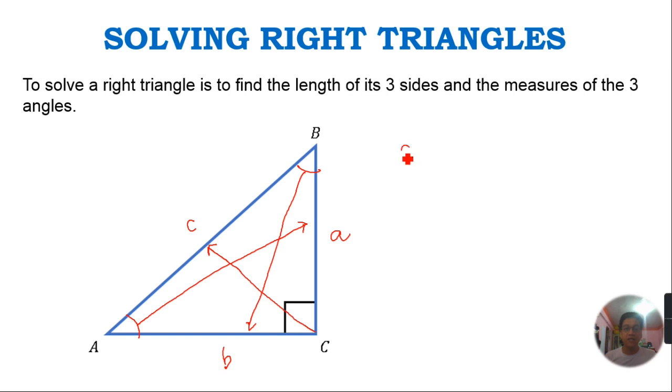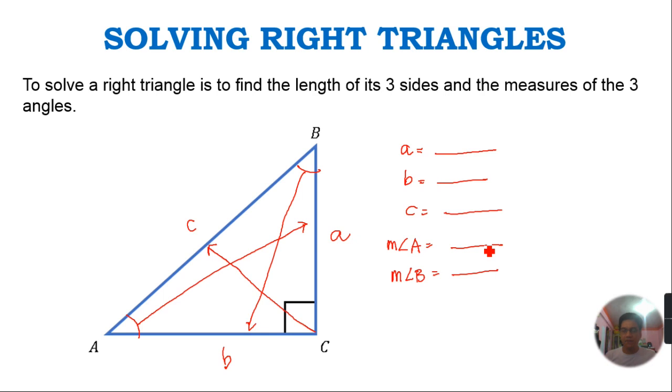So in this case, side A is equal to how many units? Then side B is how many units? C is also the same. Okay, and then we need also to find the measurements of the remaining angles. So aside from the right angle, that's the measure of angle B and then the measure of angle A.